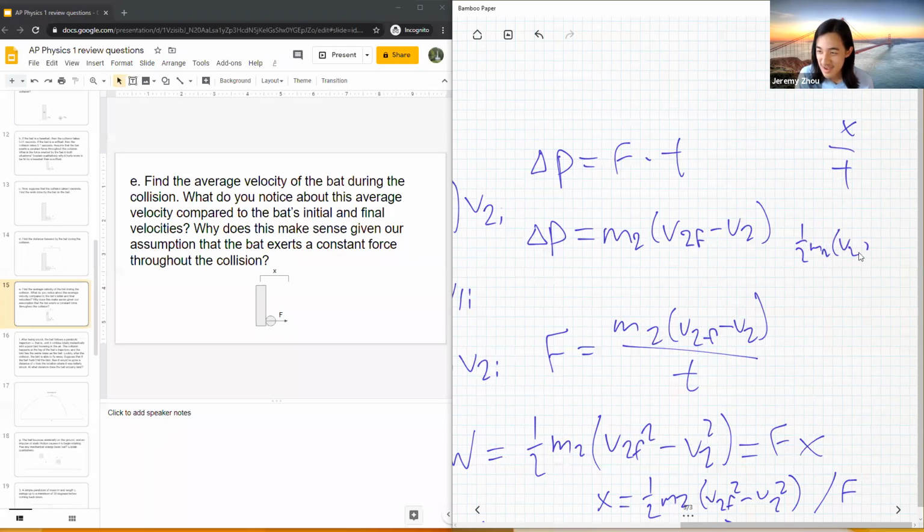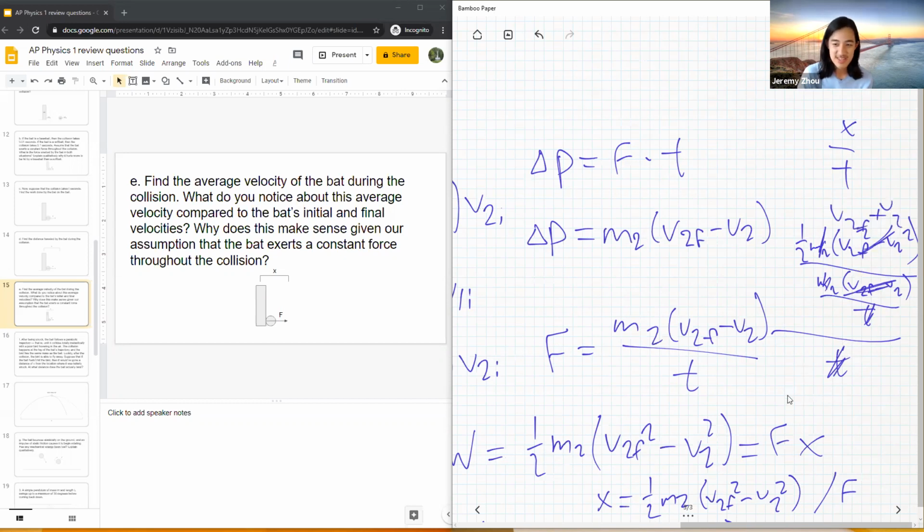So this is x: (v2f squared minus v2 squared) over..., and then F m(v2f minus v2) over t. This is x, and then you divide this whole thing by t. So this cancels, this cancels, this becomes v2f plus v2. And so the final answer is half (v2f plus v2), which is, yes.